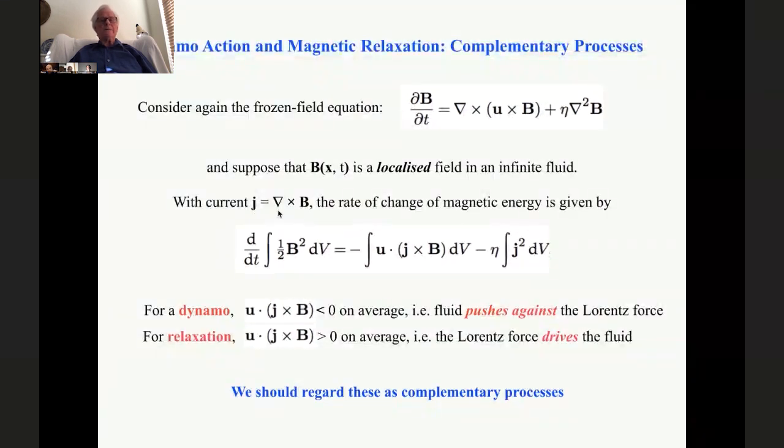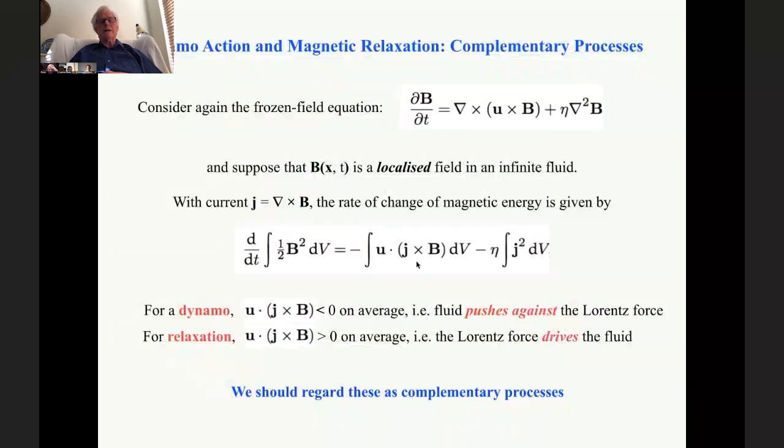With current J equal to the curl of B, the rate of change of magnetic energy, which I've taken here, integral of a half B squared dV, can be written, a very well-known equation, as minus the integral of U dot J cross B, this is the Lorentz force in the fluid, minus eta times the integral of J squared dV. This is the remorseless decay of magnetic energy due to ohmic dissipation.